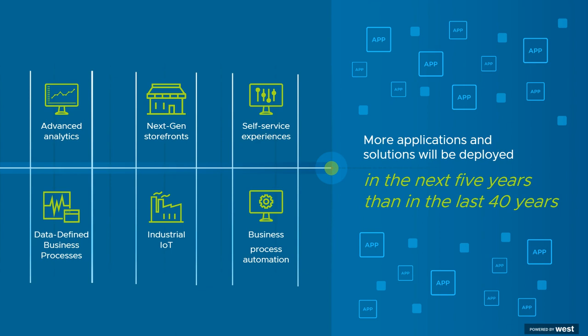But these applications are no longer your traditional N-tier applications. These applications are driving advanced analytics. They're focused on industrial IoT, their data-defined business process, as well as process automation, and driving self-service experiences. In order to embrace these applications, you need a platform that has global reach. And that is what VMware Cloud on AWS provides you.